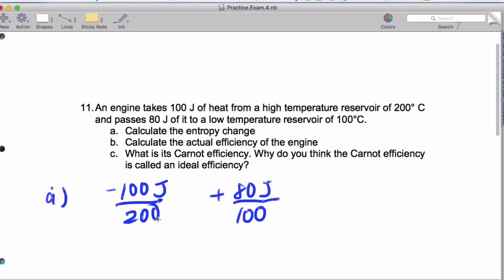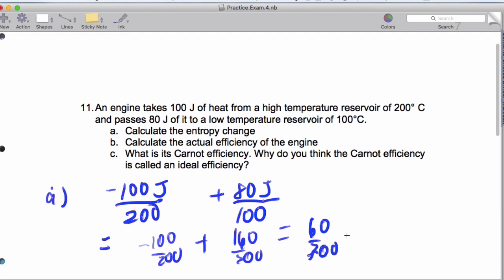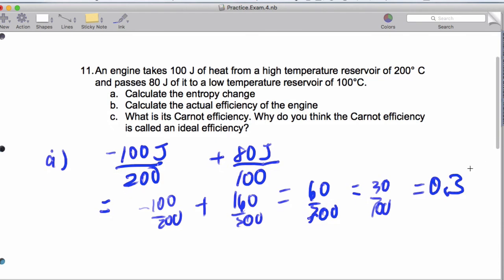I'm losing 100 joules of heat from 200, and then I'm putting 80 joules of it into the 100. So I'm actually getting negative 100 plus 80 over 100. So let me just get a common denominator. That's negative 100 over 200 plus 160 over 200. That's going to give me 60 over 200, which is 30 over 100, which is 0.3 as my entropy change.